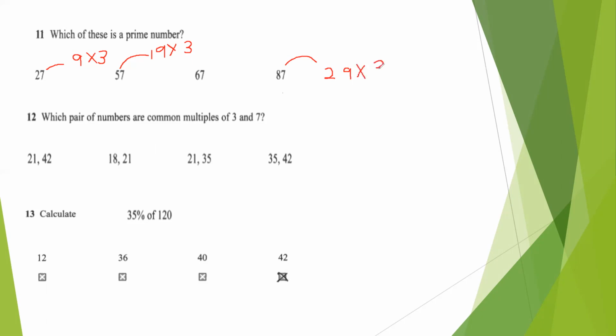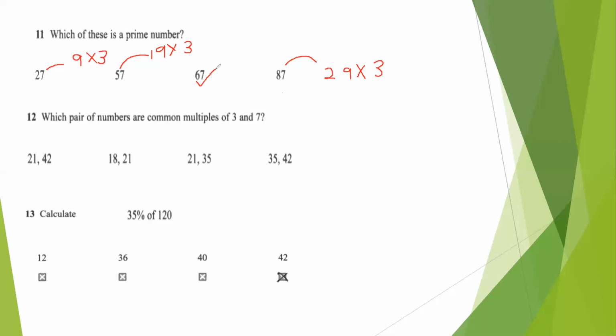So 87 also cannot be a prime number. So according to these four answers, the correct answer is 67. So 67 is the prime number out of these numbers, right? That is how you have to do it when it comes to the paper. You just check the other answers as well. After that, try to identify the correct answer, right?